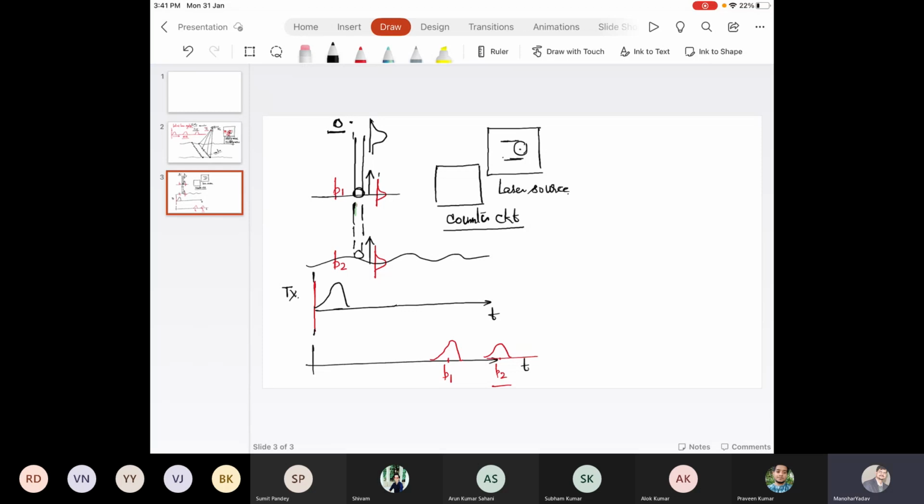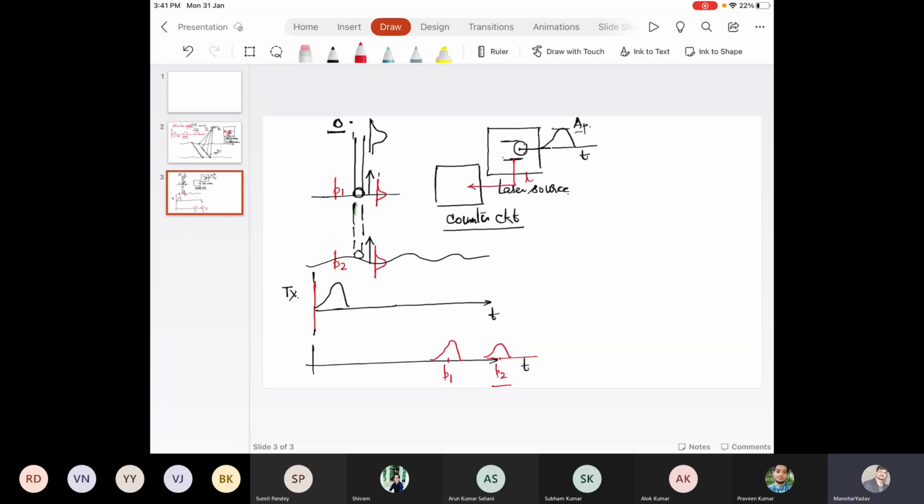When a laser beam just leaves the laser transmitter, this is the shape of the laser pulse with respect to time. This is the peak amplitude AP. Okay. When this laser beam just leaves the laser transmitter, a trigger signal is generated.